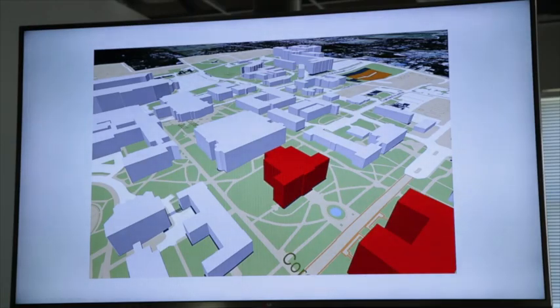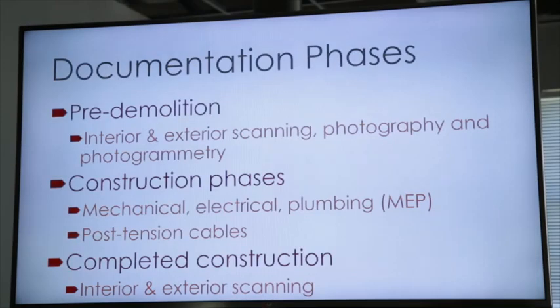And so in the end, we ended up working in all the phases of the construction. So pre-demolition, and then during the construction phase, we scanned before they put the sheetrock and the ceilings and the floor tiles down so that we could see all the MEP. They asked us to scan the post-tension cables prior to actually pouring the concrete.